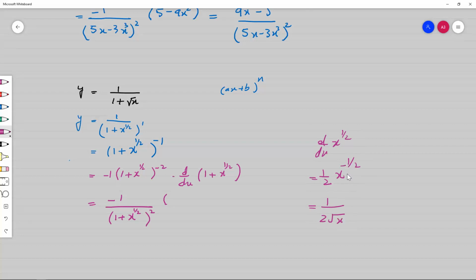When you shift this square root in denominator, it would become positive. So x power 1 by 2 is equal to square root of x. So the answer for the next, this whole thing would be 1 over 2 square root of x. And the final, you can write minus 1 over 2 square root of x into 1 plus square root of x whole power 2. This is the final answer for this question.